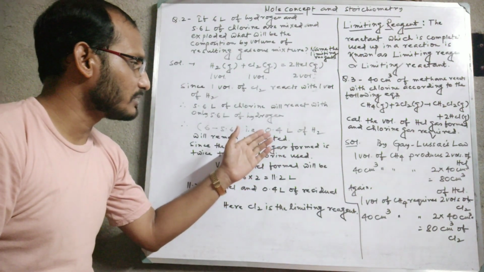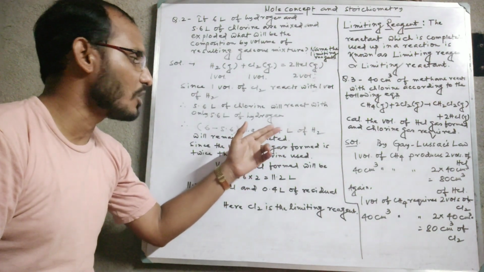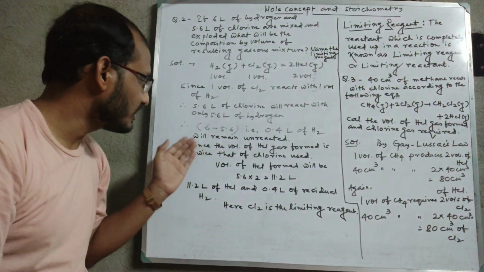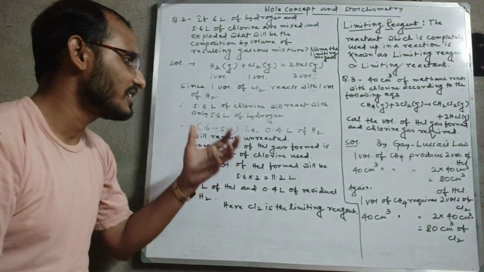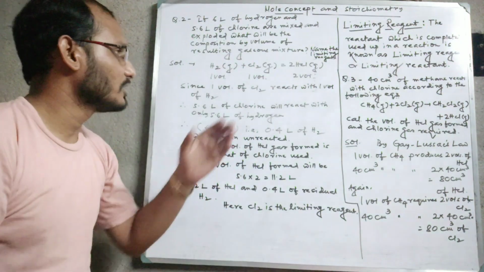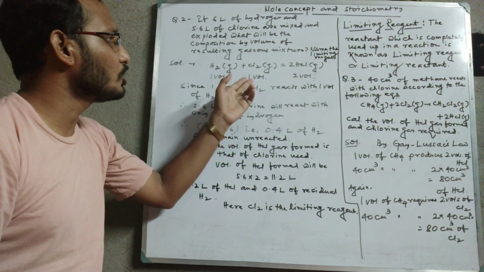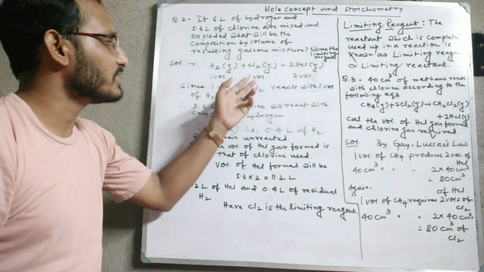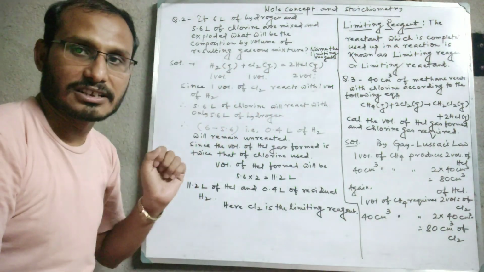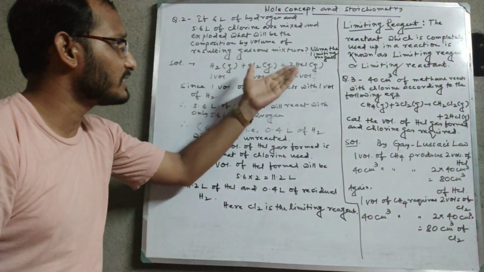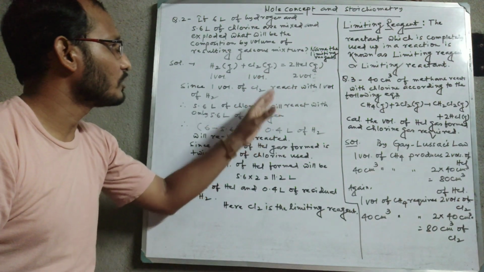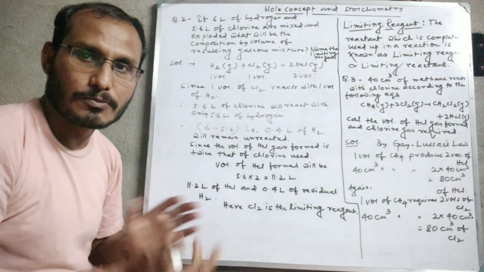So 0.4 liter of hydrogen will remain unreacted, since the volume of HCl gas formed is twice that of the chlorine used. One volume of chlorine reacting with one volume of hydrogen forms 2 volumes of HCl.